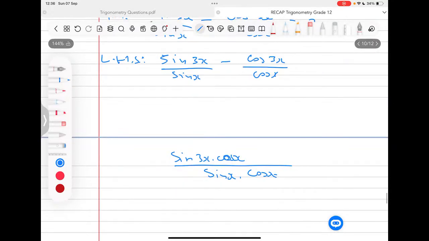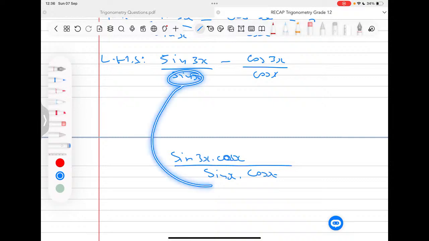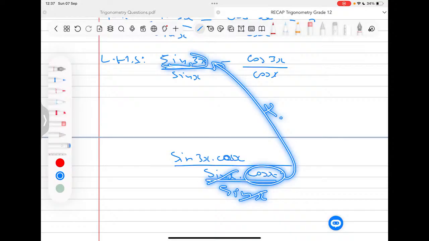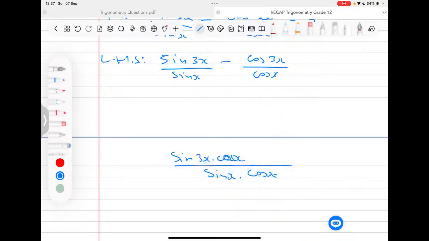Can I recap that? I know this sometimes gets confusing. My LCM is the product of these two. I take this and divide it here, so I'm dividing by sine x, so this cancels. Now I'm left with cos x. I multiply it with the number at the top, so I'm going to have sine 3x times cos x.